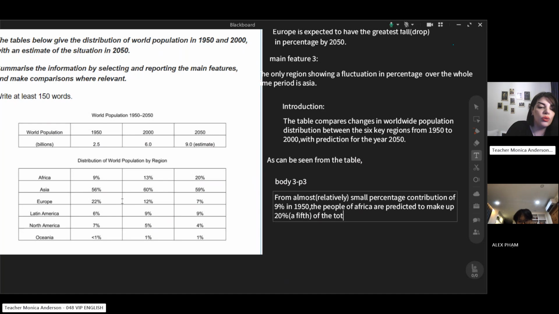Or the total world population when? By 2050. This is the first one.